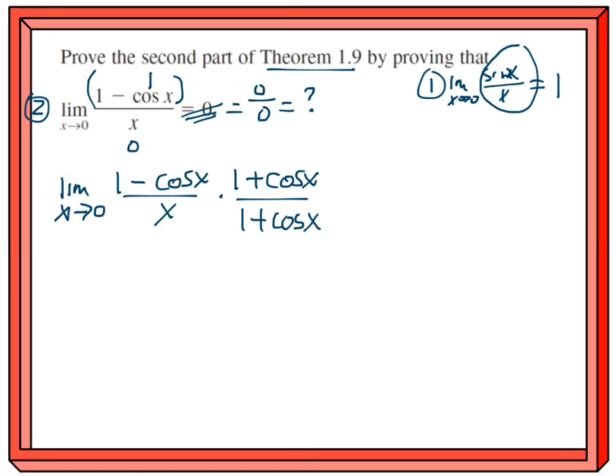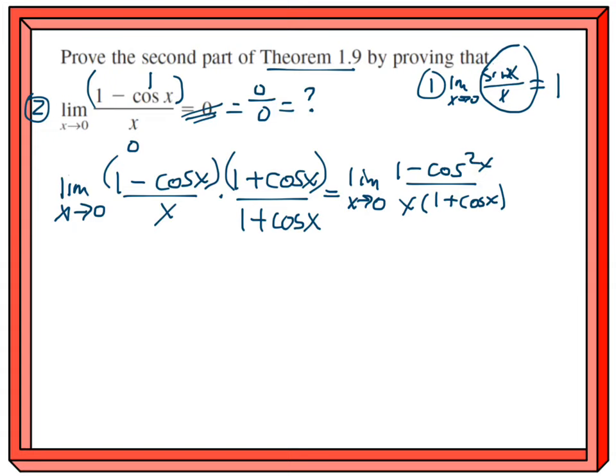This is a fancy one, at least it is over some interval, which is what I want in order to rearrange the original problem. Across the top here, this is going to be like the difference of two squares where the middle term cancels out, so it's pretty much just squaring the first term and the last term. So the limit as x approaches 0 of 1 minus cosine squared x over x times, in parentheses, 1 plus cosine x.